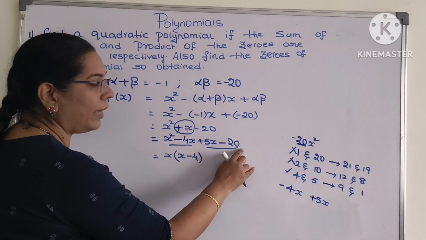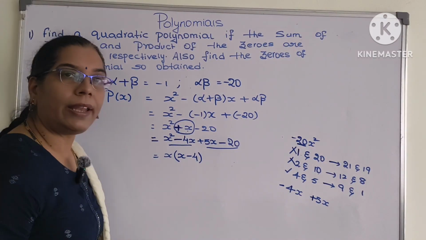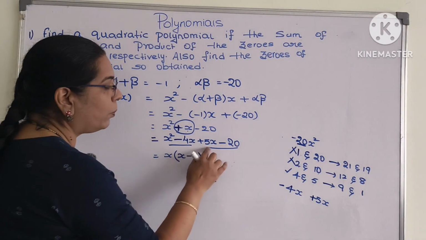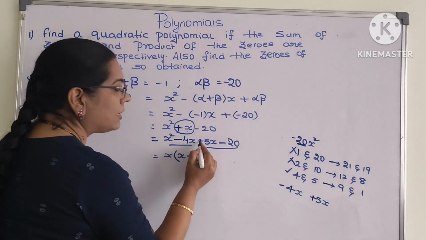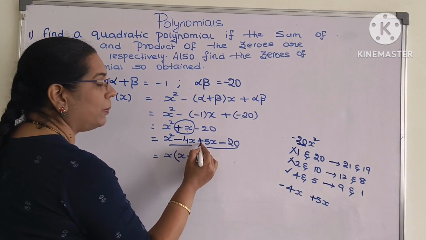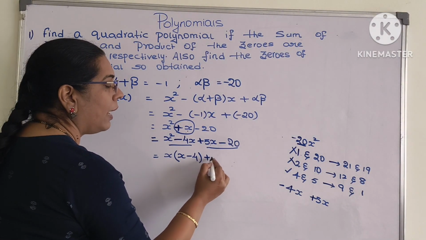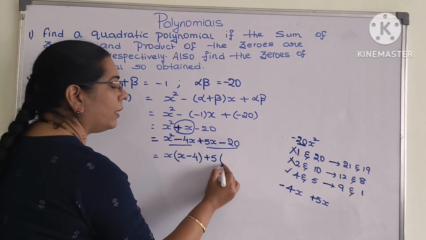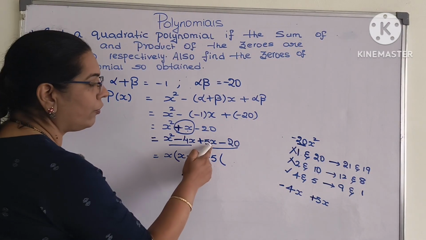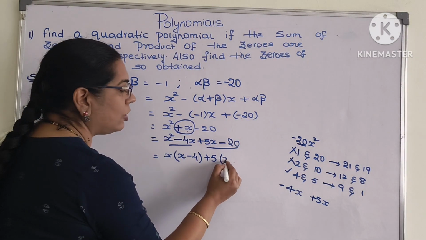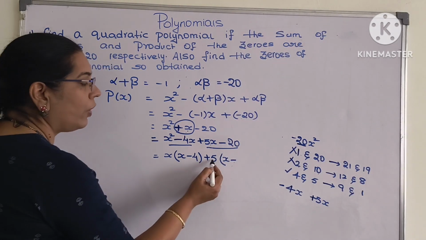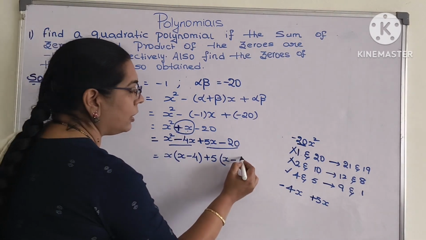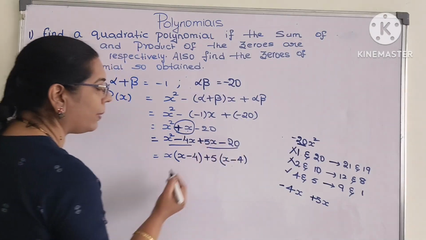I do not have x in 20, so I cannot take 20 common. But what is common in both terms? It is 5. Since this term begins with the positive sign, I take plus 5 common. Whatever is left over from plus 5, x is left over. Whatever the sign, minus, keep it. 5 fours are 20, so I will write 4 inside the bracket.